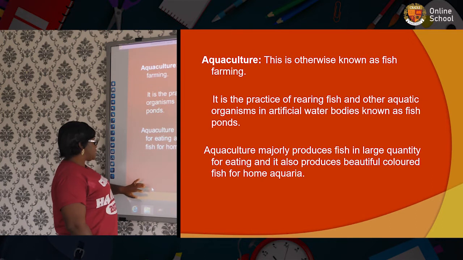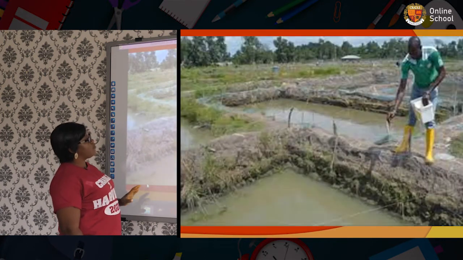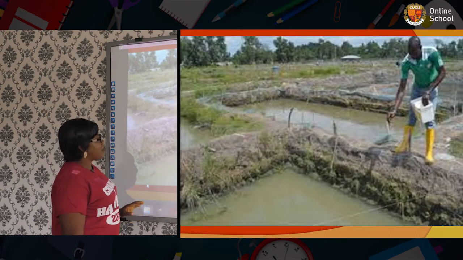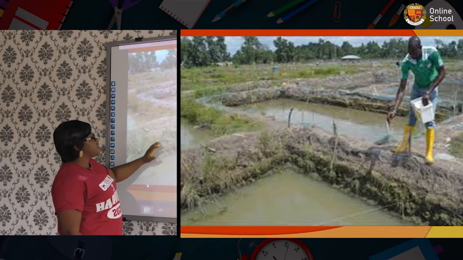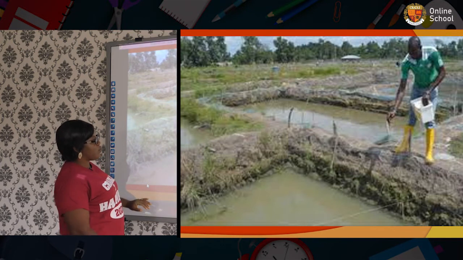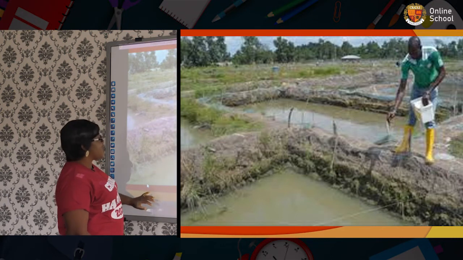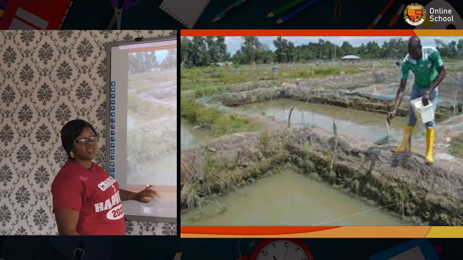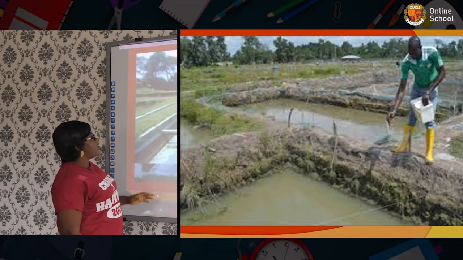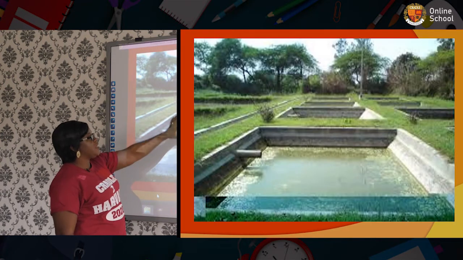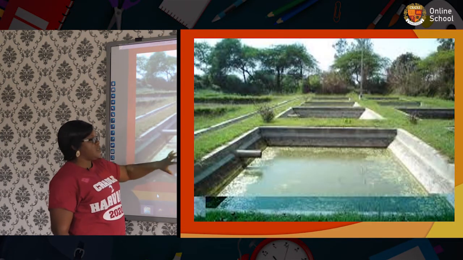Now, look at the picture of some of the ponds and the aquarium. This is the eating pond. You can see the farmer there, or the attendants. They are attending to the fishes in the pond. Then these are the concrete ponds here.